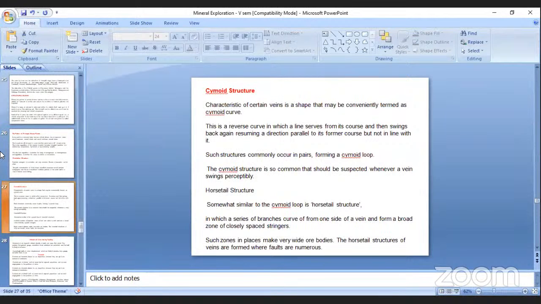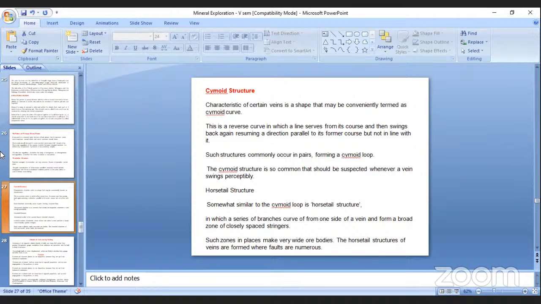The next structure is the sigmoid structure. It has a bean-type shape, so conveniently it is called a sigmoid curve.